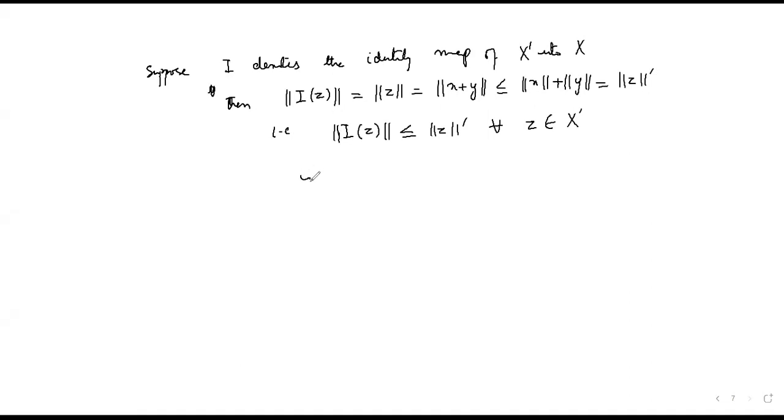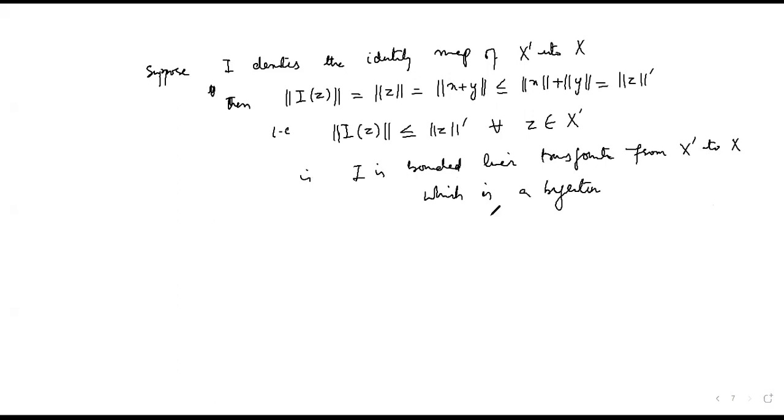So therefore, I is a bounded linear transformation. Actually, I should write it is a bijection also, because identity is always a bijection from x prime to x, which is a bijection, and x prime and x are Banach spaces.